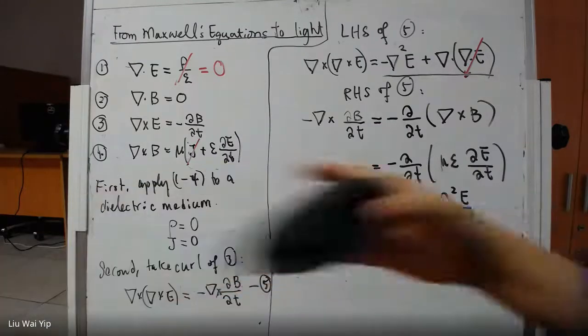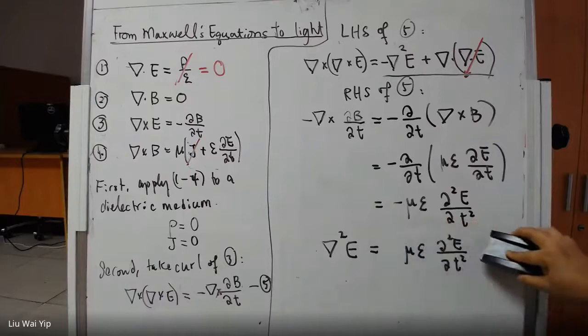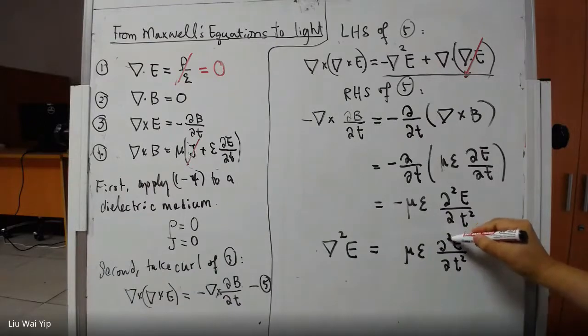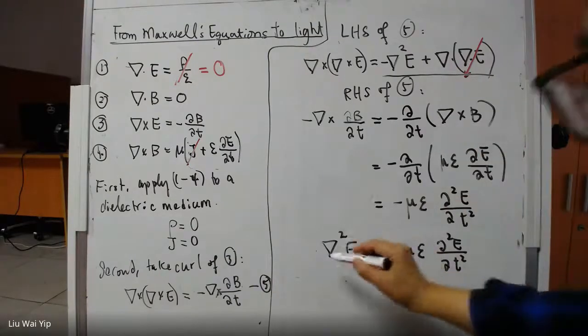But hang on a minute. Laplacian of the electric field is equal to mu epsilon times the second time derivative of the electric field. Shouldn't this be a wave equation?